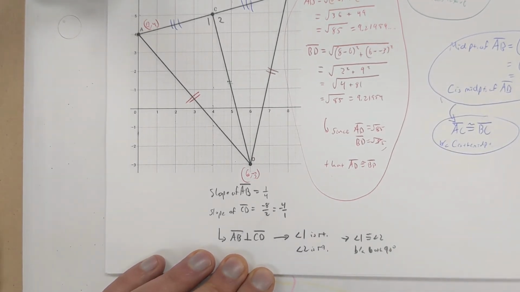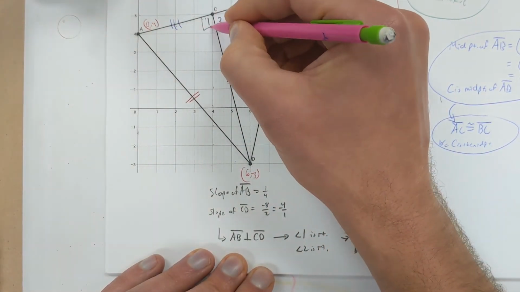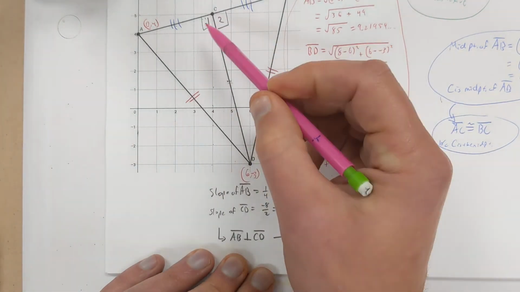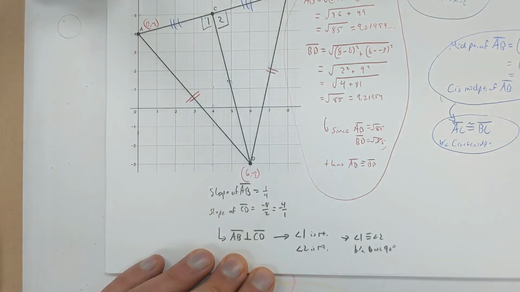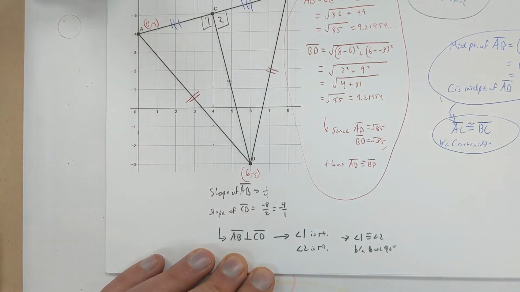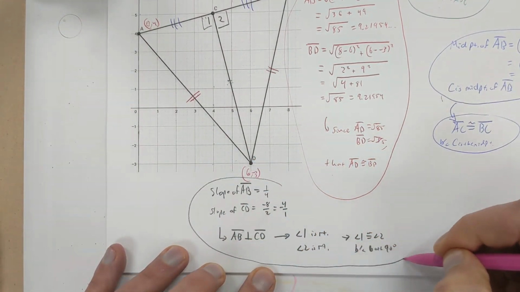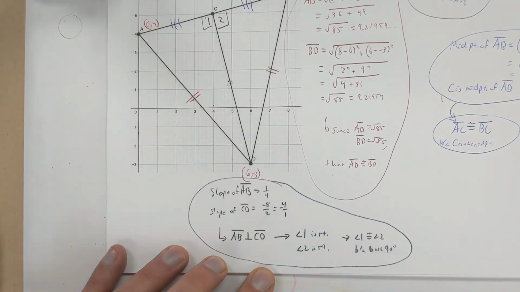So now if I wanted to, I could do side angle side. I could do hypotenuse leg. So all these different ways to prove that these triangles are congruent.